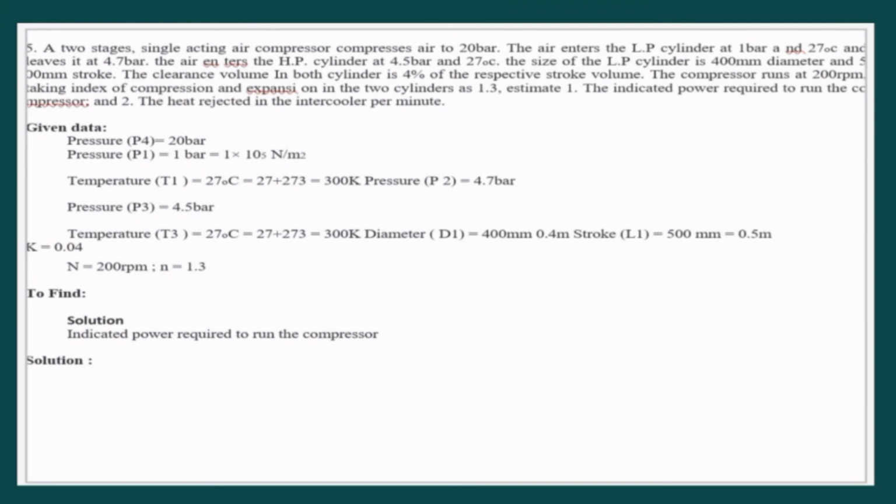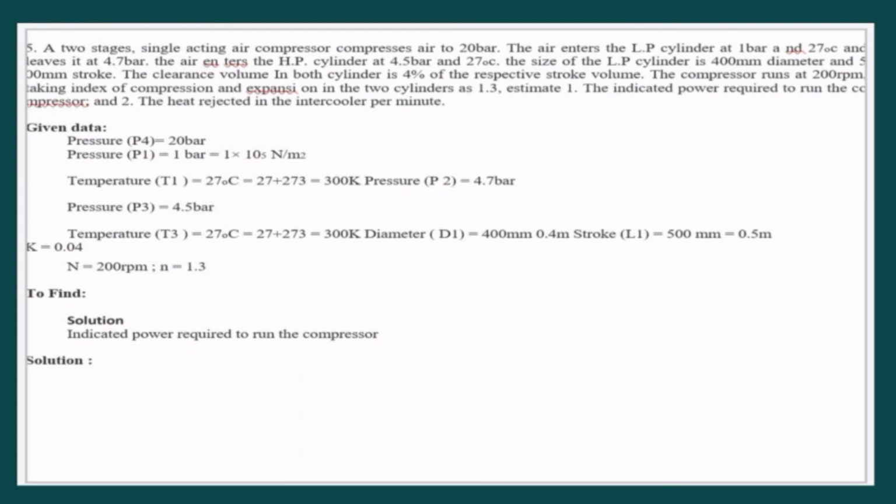A two-stage single-acting air compressor compresses air to 20 bar. The air enters the low-pressure cylinder at 1 bar and 27 degrees Celsius and leaves it at 4.7 bar. The air enters the high-pressure cylinder at 4.5 bar and 27 degrees Celsius.